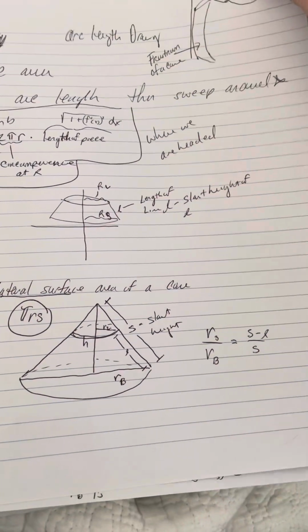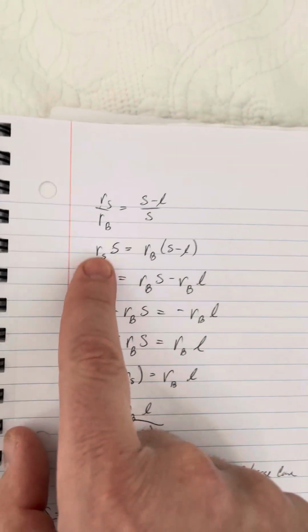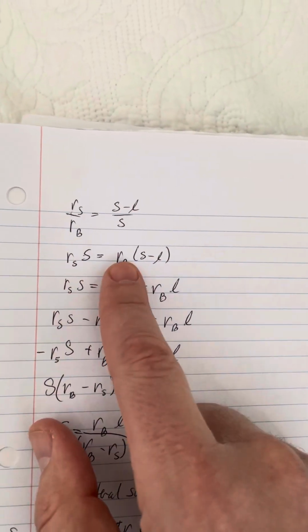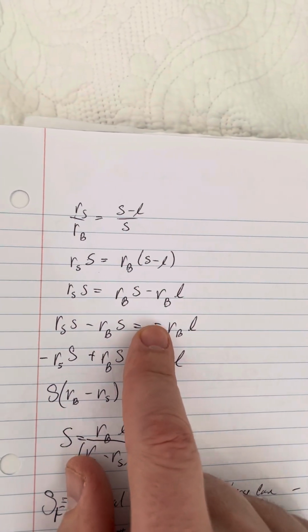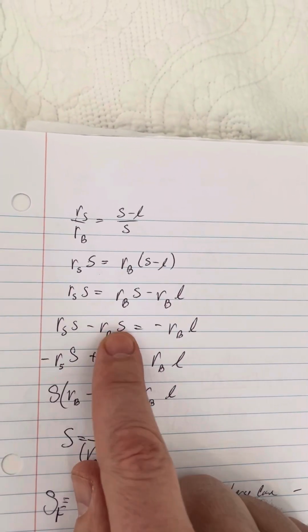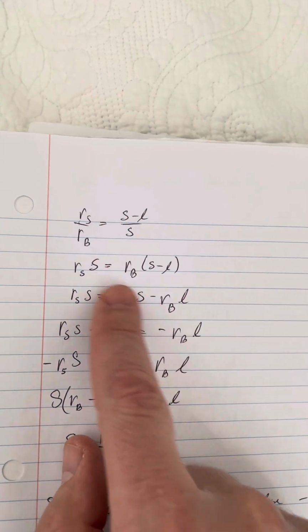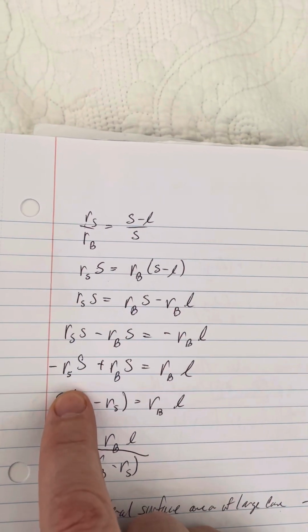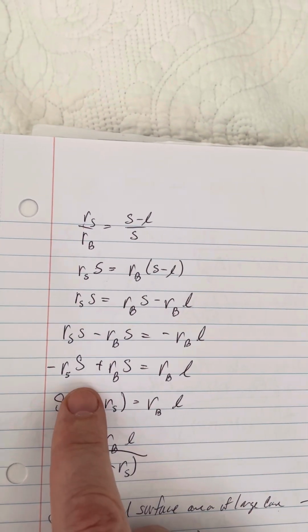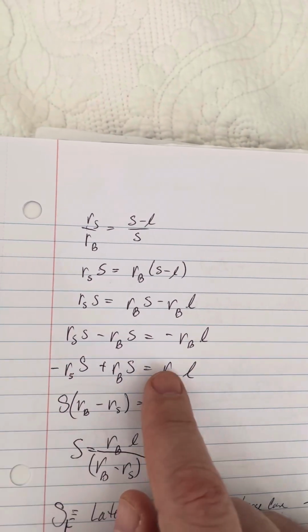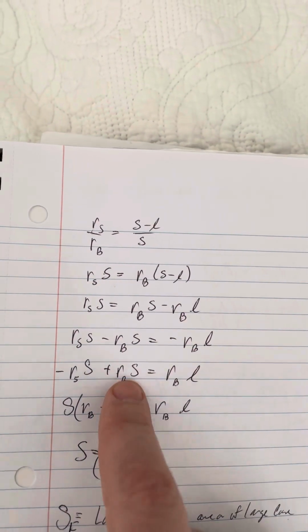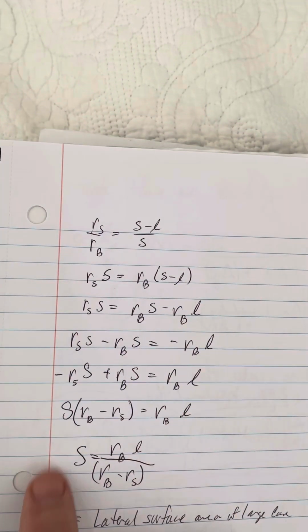All right, now I'm going to turn the page. We're going to take that proportion, we're going to cross multiply, and we're going to distribute. And we are going to get the s's together, so I'm going to bring this across. And then I'm going to take this negative and pass it through, so this will become positive, positive, and negative.